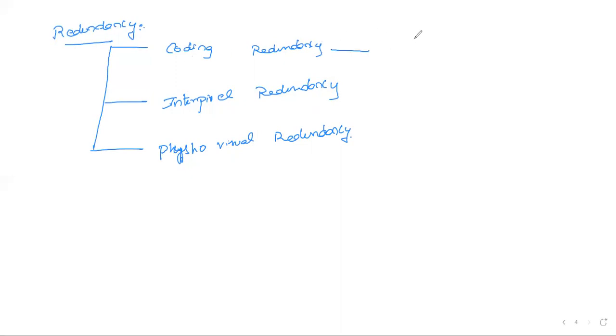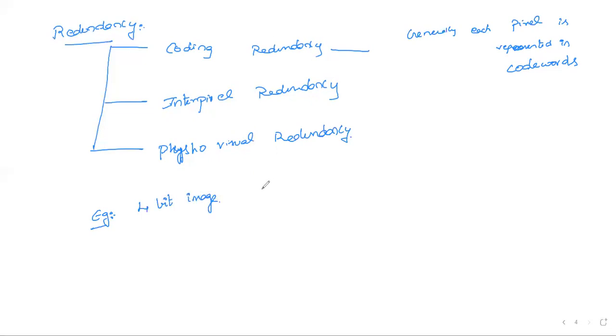So let us see coding redundancy. Coding redundancy means generally each pixel is represented in code words, some binary representation. Suppose, for example, I am considering a 4-bit image.